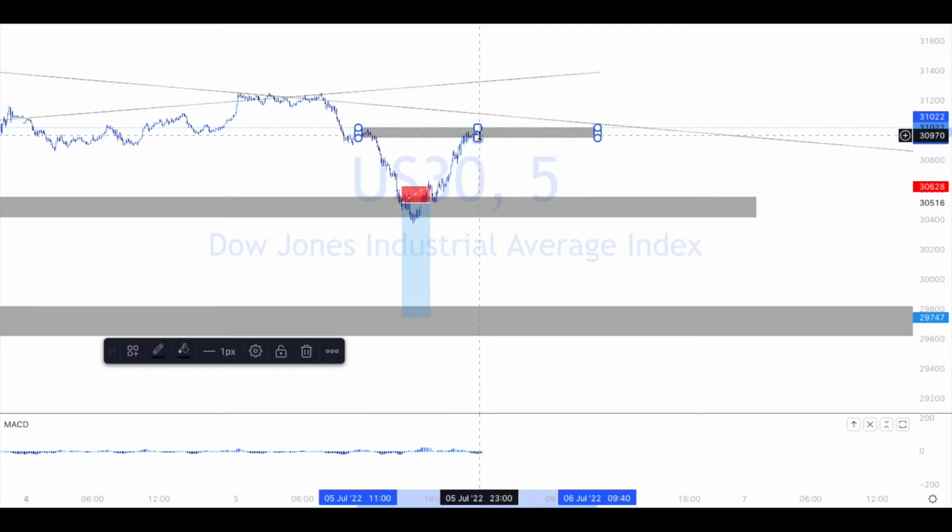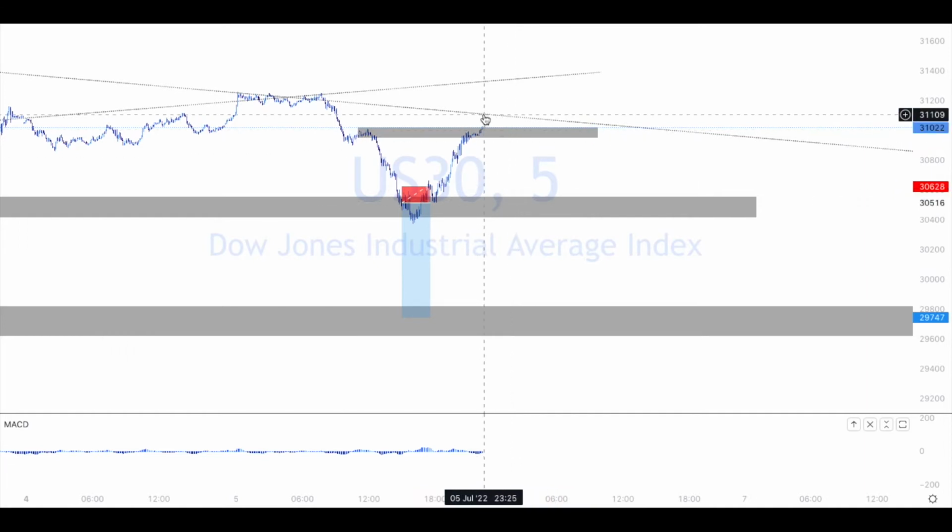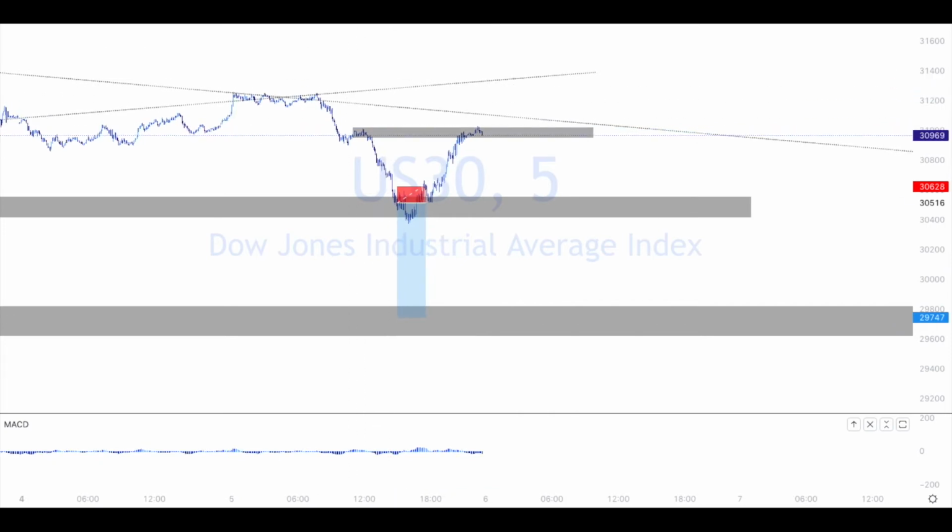And this area is not a low. So if it breaks above, I would be looking for situations where I can jump in with a buy. But I gotta be careful how I do it. So let's see what it does.